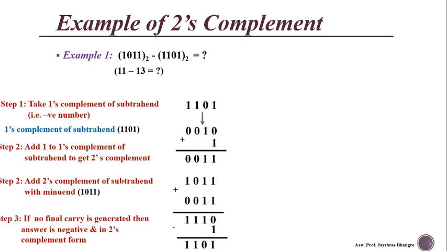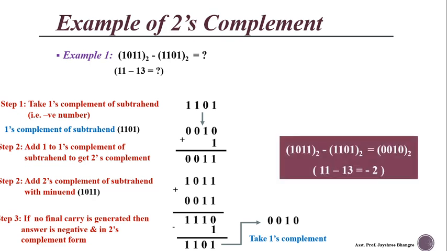Then we have to take the 1's complement of this answer. So we get 0010, and 0010 is nothing but 2. So we get the answer: 11 minus 13 equals minus 2. Okay, similar to the 1's complement.